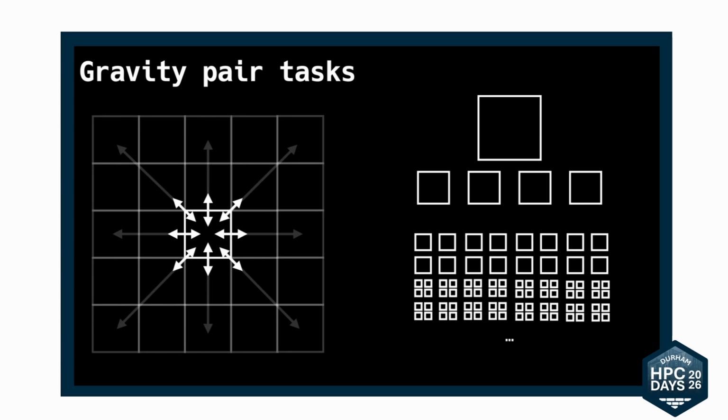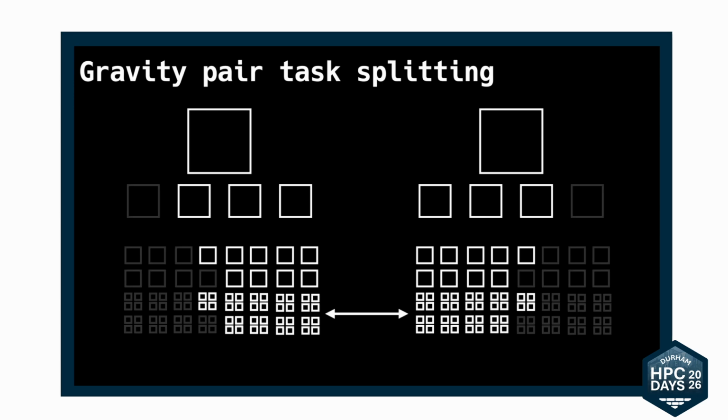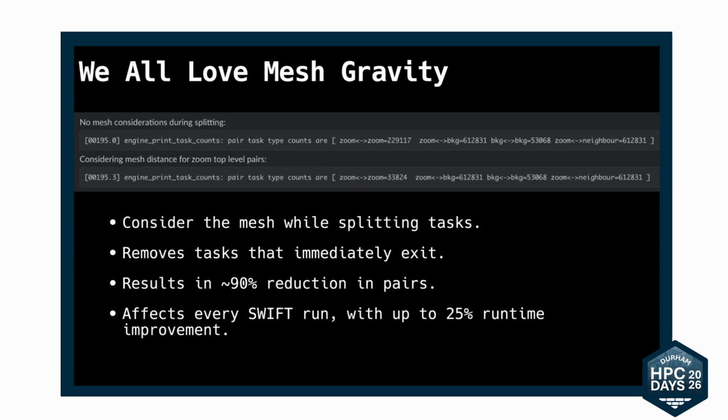We then take these cells and these cell tasks at the top level, and we split them through the tree. So you can go down to this level and consider what pairs you can do at this level, etc., etc., etc., until you get to the bottom and you've actually found some cells that you don't need to do because they can be done in the multiple interactions.